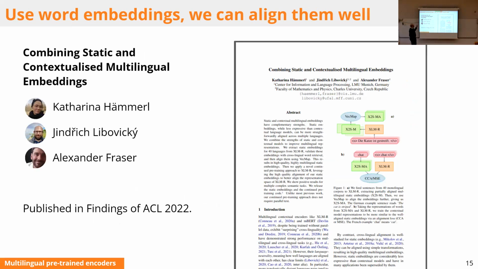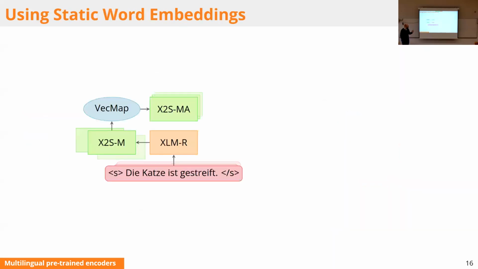And this is one thing we have tried. We had this in Findings of ACL 2022, a joint work with Katharina Hämmerl, a PhD student from Munich that I co-supervised with Alex Fraser. And the idea was that we can use word embeddings to improve the language neutrality of the contextual embeddings.